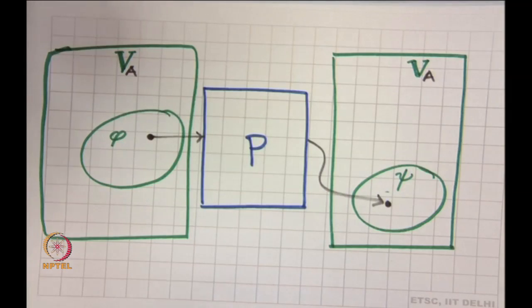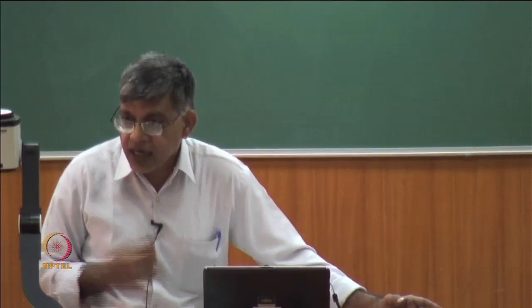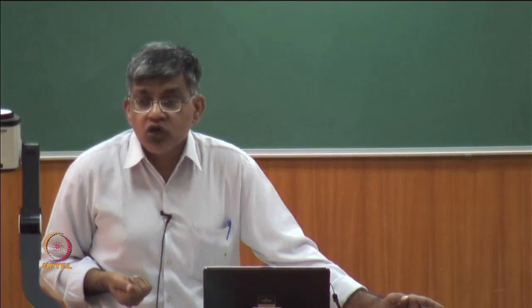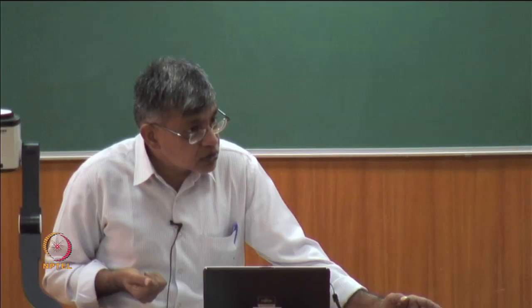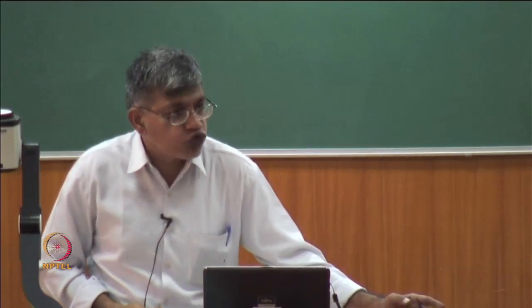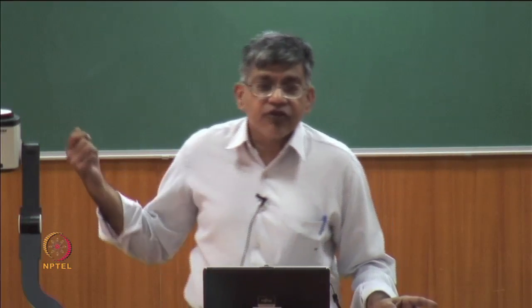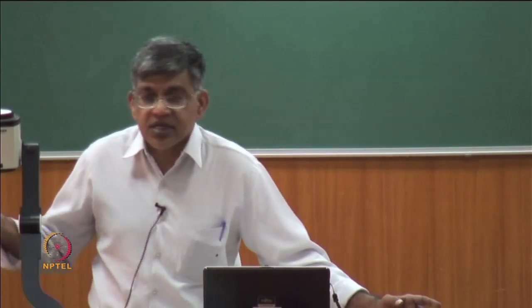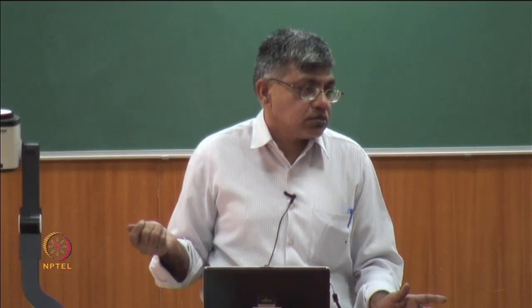And what you want to show in program verification is, given a specification of properties phi and psi and given a program P which claims to do that, you want to be able to verify or prove that the program P starting from some state which satisfies phi terminates in a state that satisfies psi and is always guaranteed to do that.